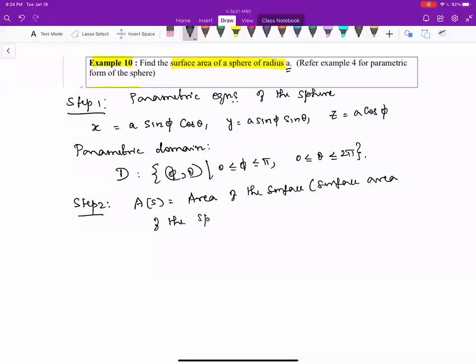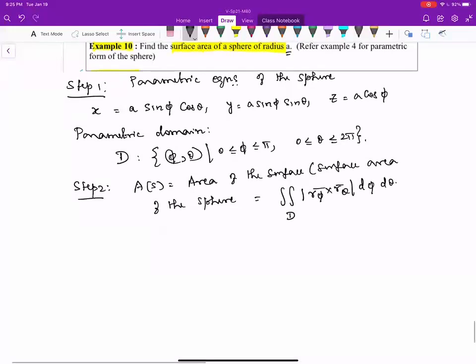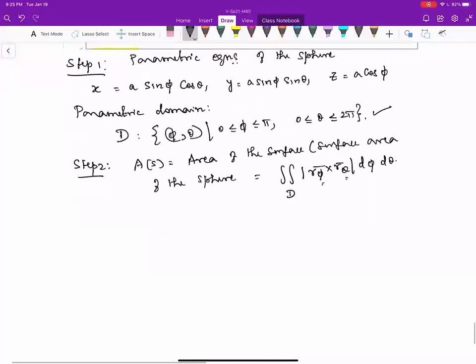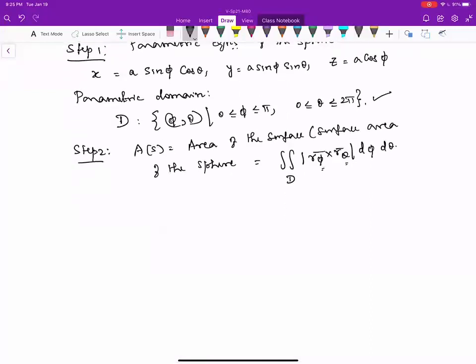In this case, the formula we are going to use is the double integral over D of the absolute value, or length, of r_phi cross r_theta d phi d theta. This is the formula we are going to be using. You know the limits for phi and theta from the earlier step. So let's compute r_phi cross r_theta.